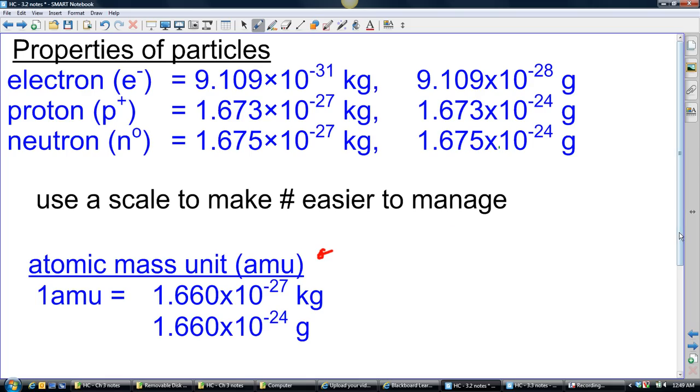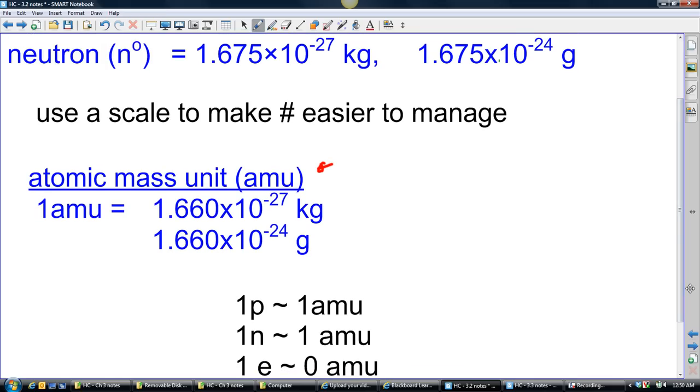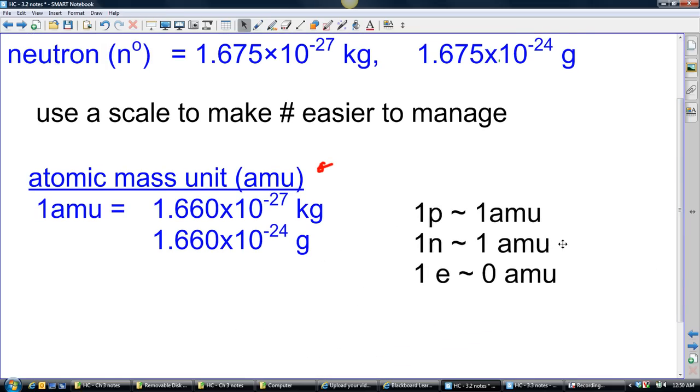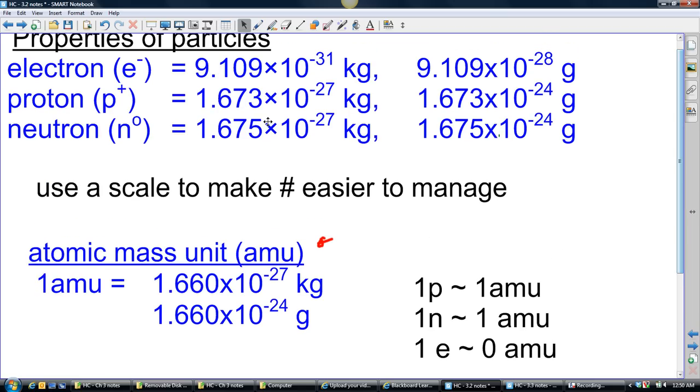Well, what we can then really say is that the mass of one proton, the mass of one neutron, and the mass of one electron are very simple. One proton, instead of saying it has a mass of 1.673 times 10 to the minus 27 kilograms, or 1.673 times 10 to the minus 24 grams, we can say the mass of one proton is about 1 AMU.